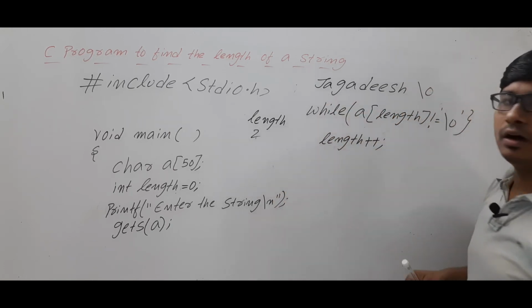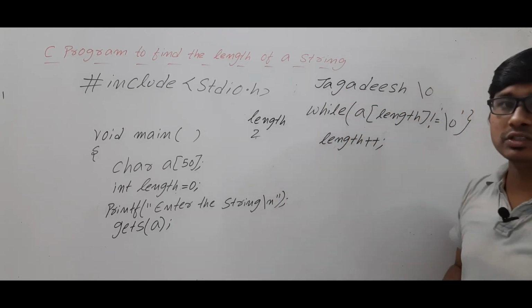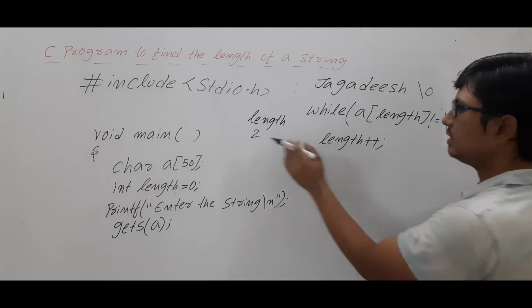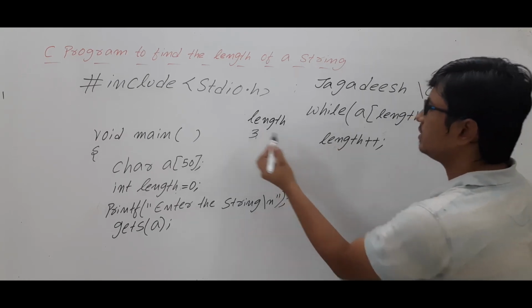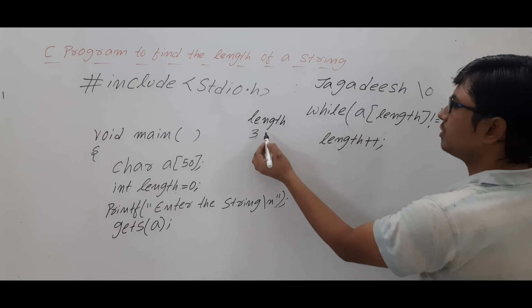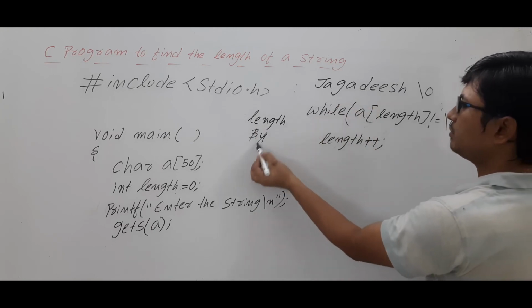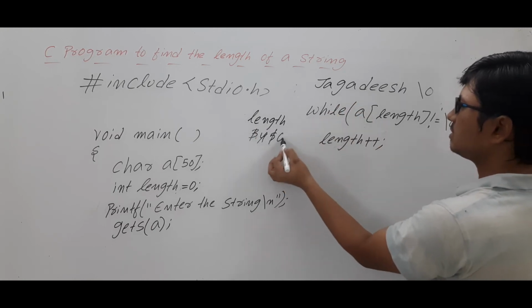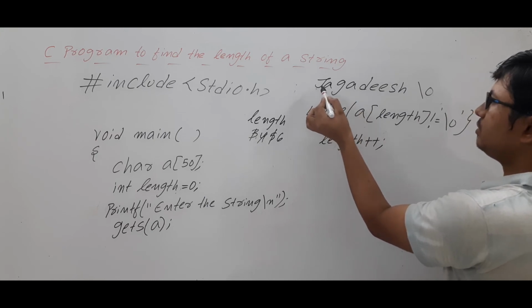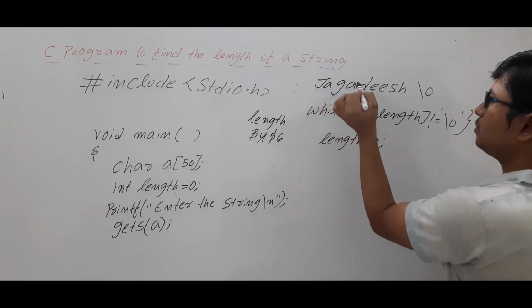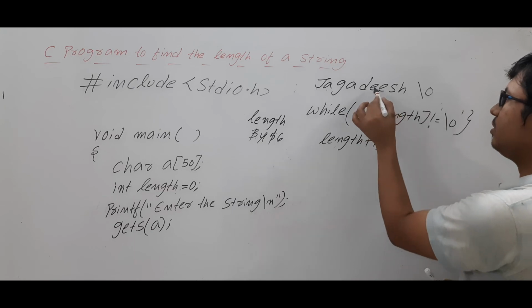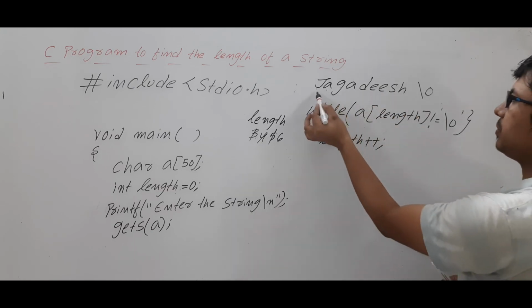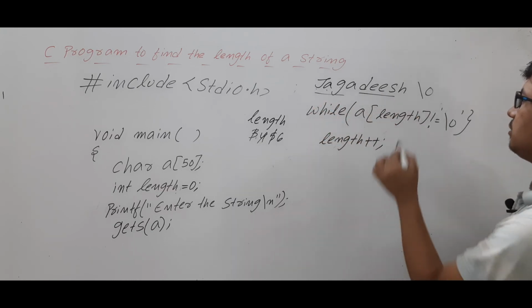Then you will check a of 2 which is g, which is not backslash 0. Then again length will become 3. Then here it will become 4. It will become 5 here. Then 6. Okay. 0, 1, 2, 3, 4, 5, 6, 7, 8, 9 it will happen.